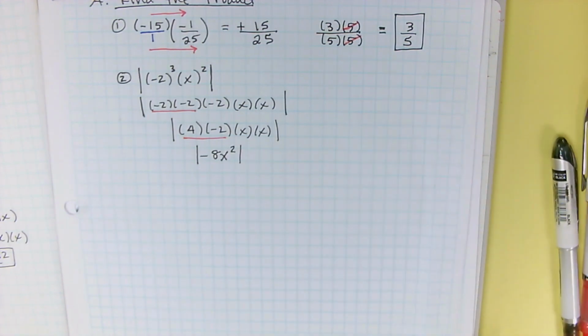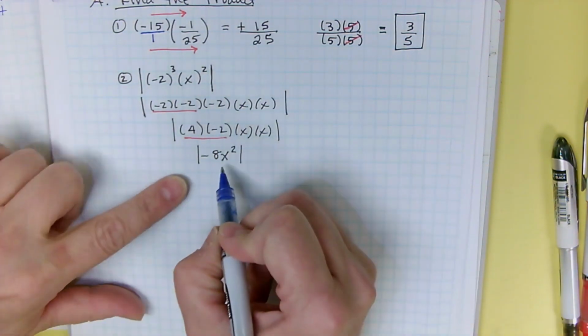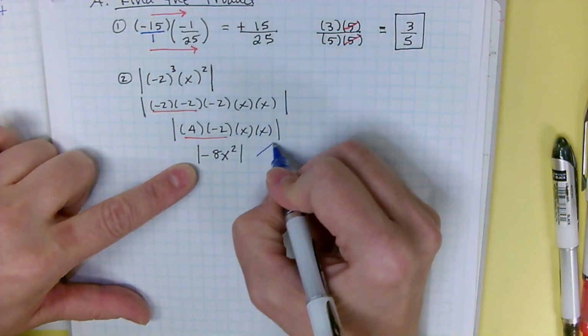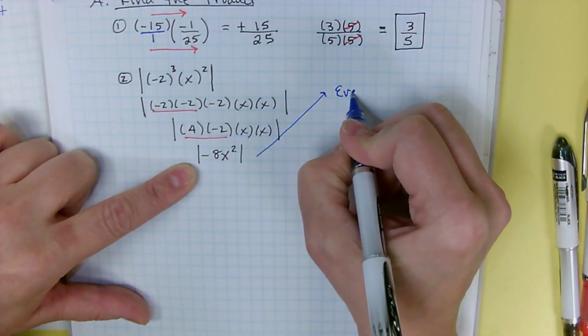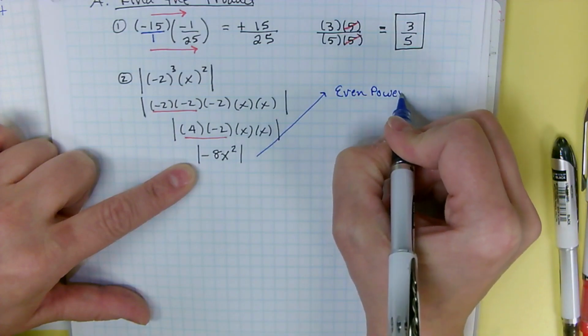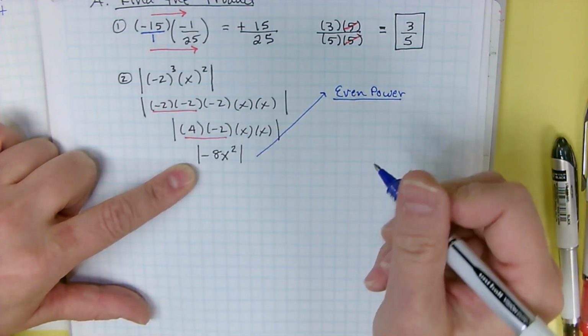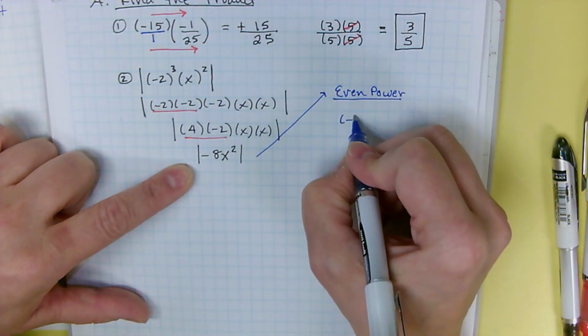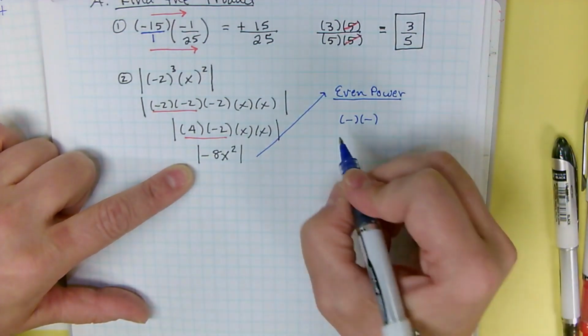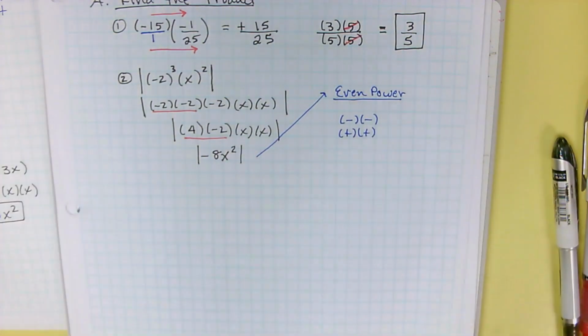And then now we're going to get into something we didn't do before. x squared is what we call an even power. It's a 2. And when you square something, it's either a negative number times a negative number, or it's a positive number times a positive number.